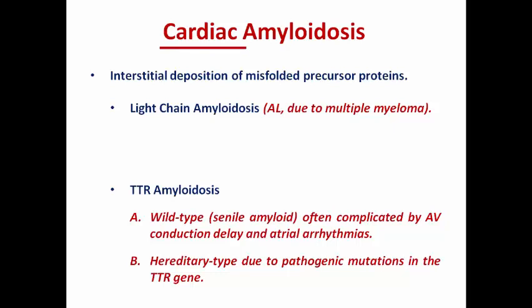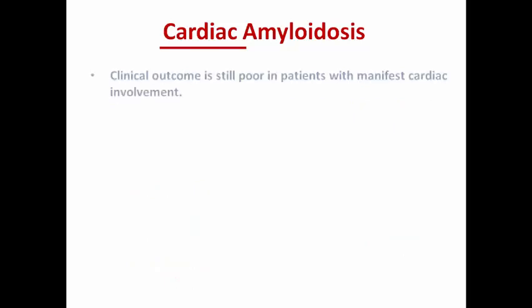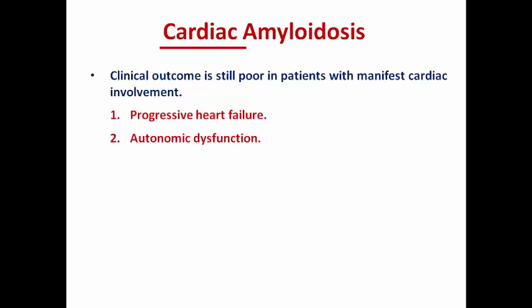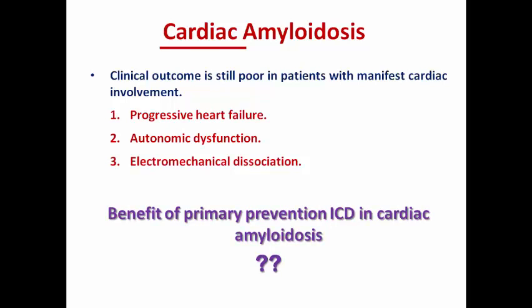The problem is that the clinical outcome is still poor in those patients with cardiac involvement due to progressive heart failure, autonomic dysfunction, and electromechanical dissociation. But still, the benefit of primary prevention ICD in those patients raises a question mark because there is no clear recommendation.